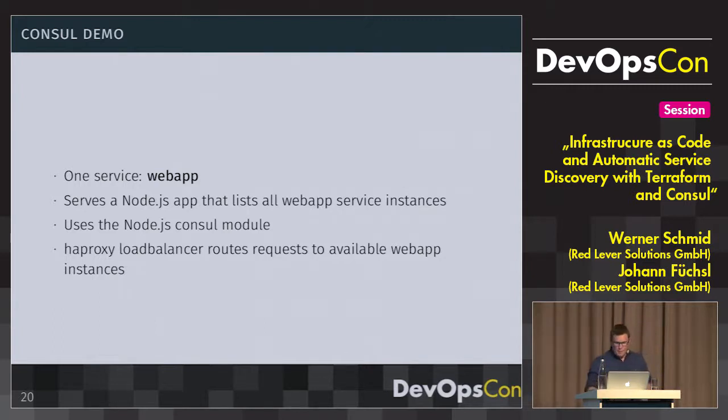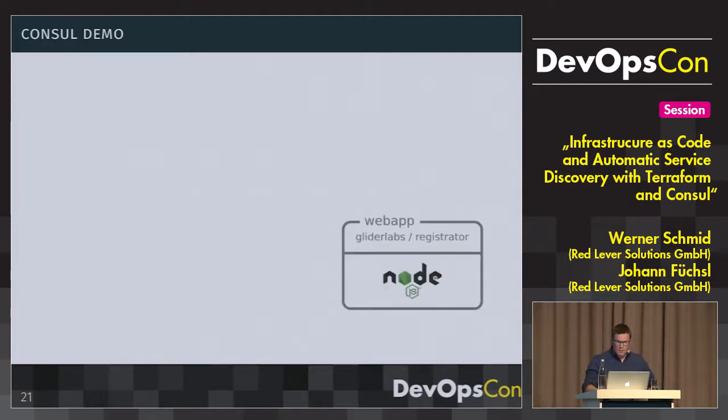Real simple, and we spin up a few of those web apps, I think 5 by default. And in front, we have a load balancer, HA proxy, which just round robins requests to all of these instances. So yeah, that's the situation.